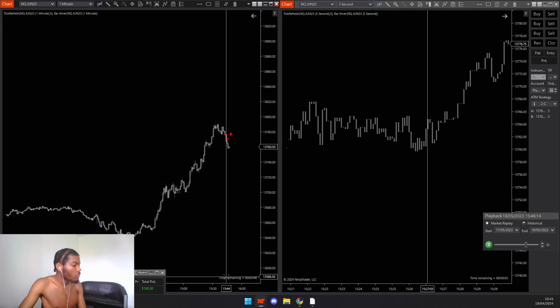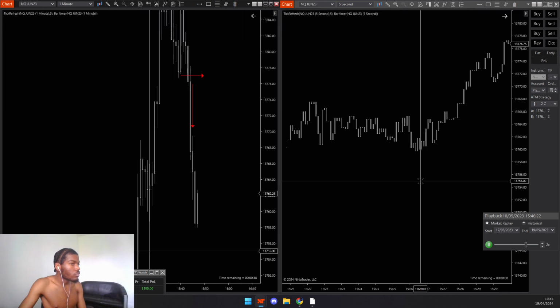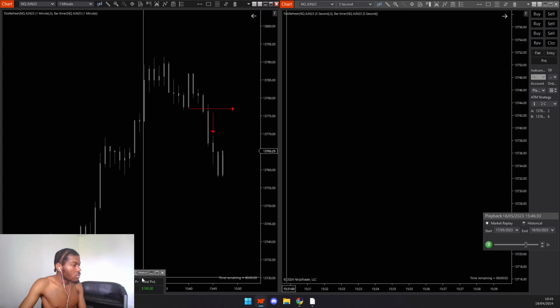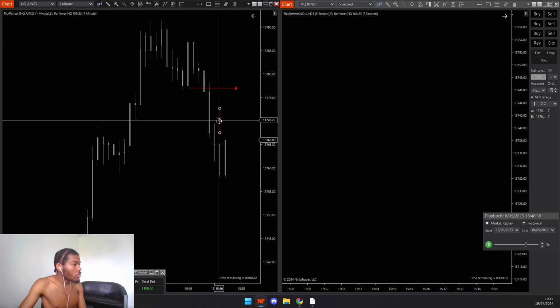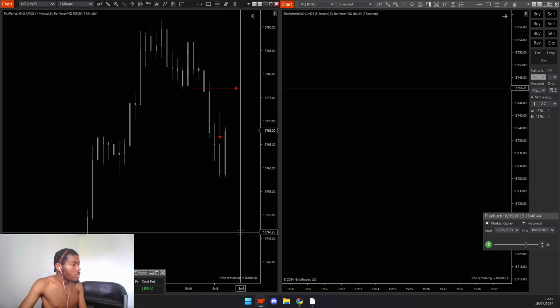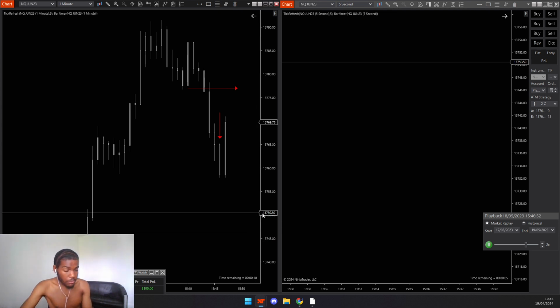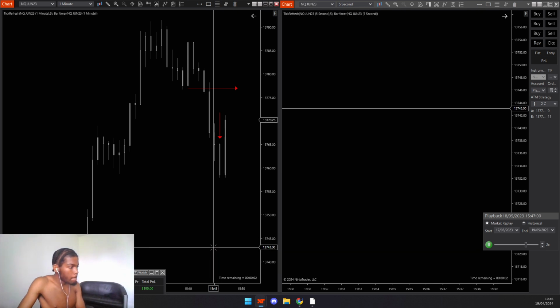Okay. So with the 5 second chart, I usually don't look at it until I see price pull back into the wick, until I see the manipulation take place.